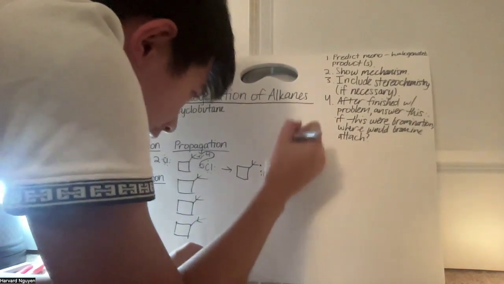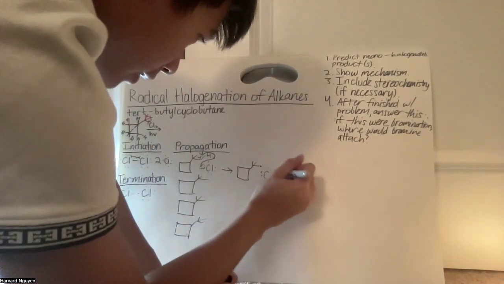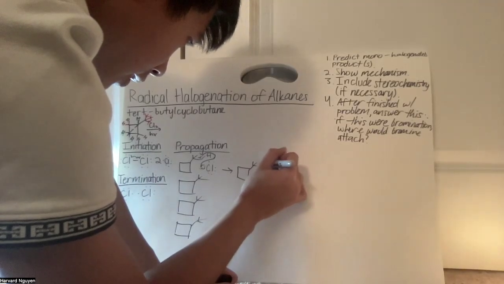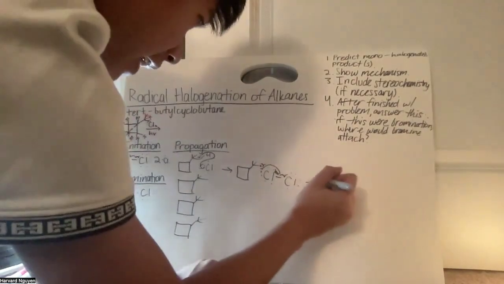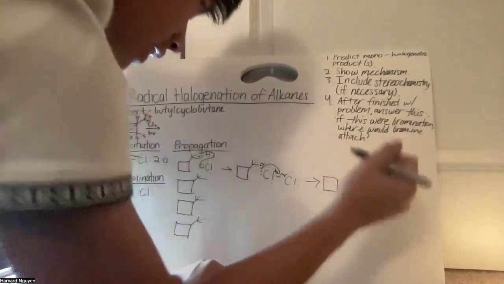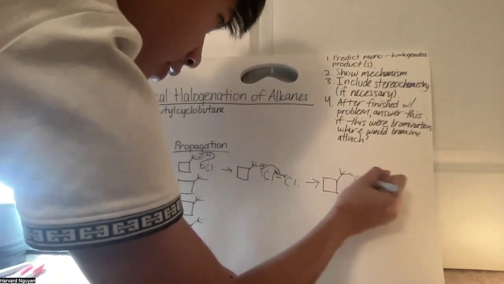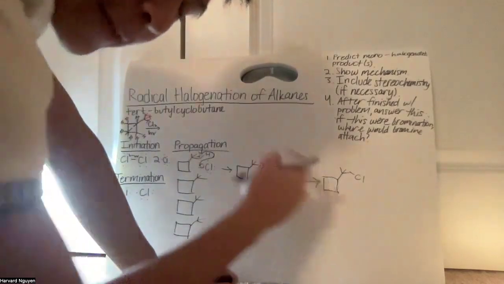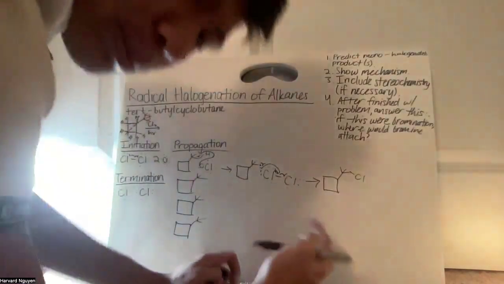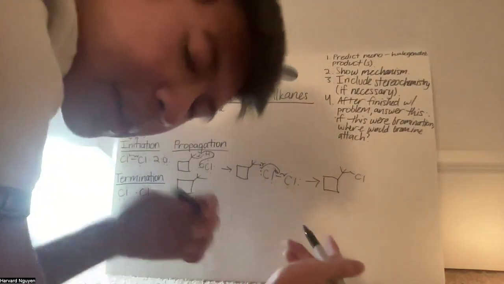And then taking one of these chlorines, we're going to form a bond with our radical. And it leads us to our first intermediate. Voila, our first intermediate. Now we'll decide if it's actually the product after we determine if there's stereochemistry involved, but I'll do that at the very end.